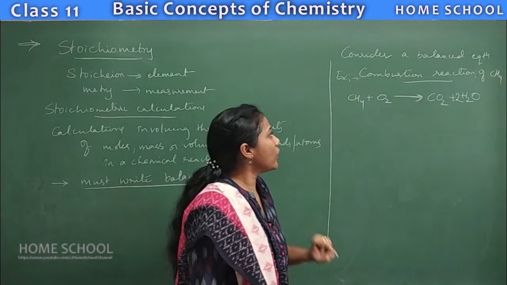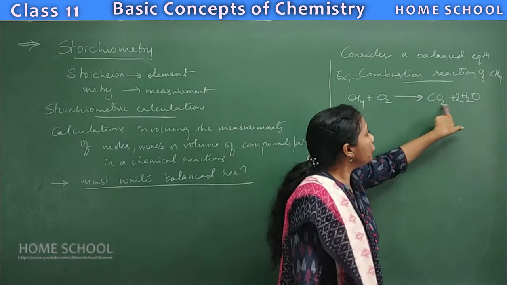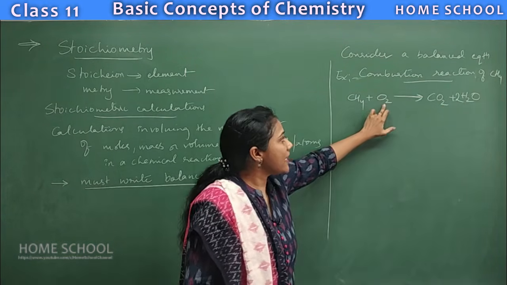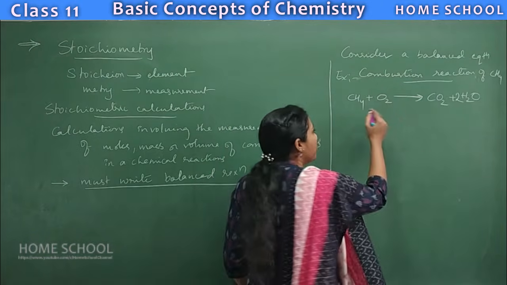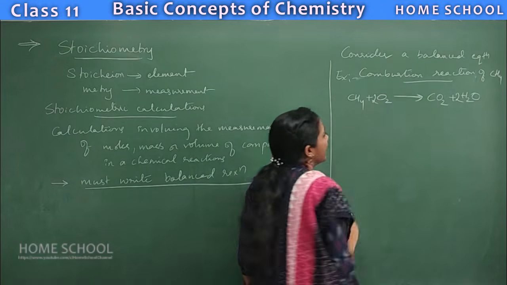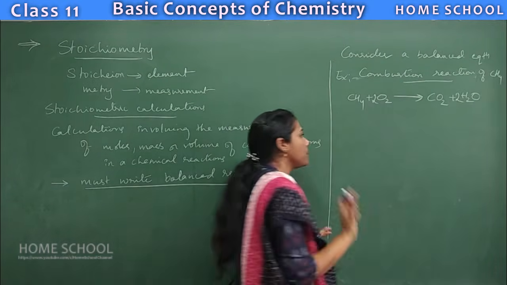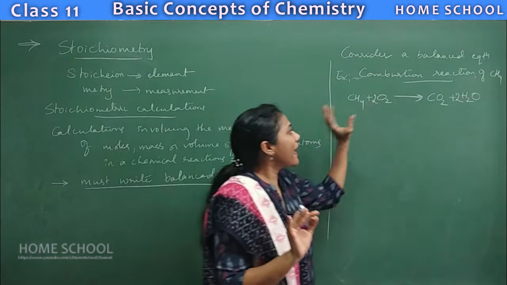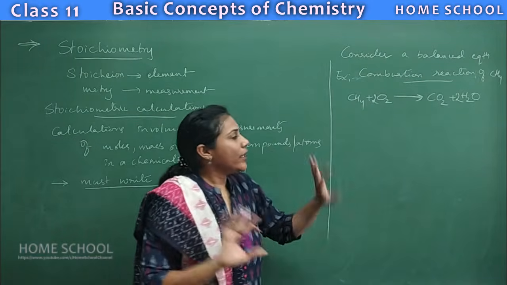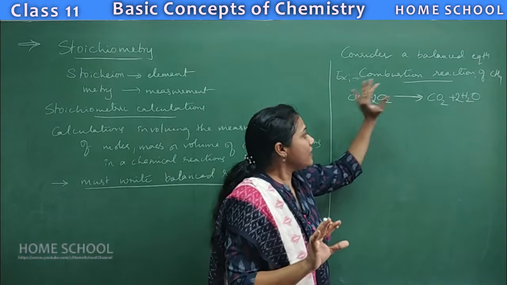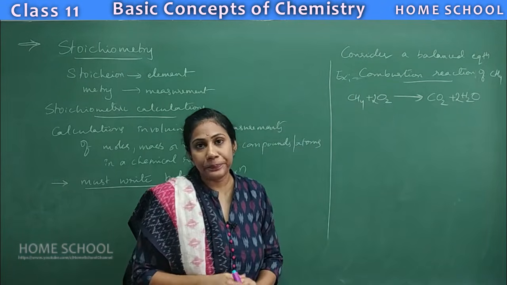Now check the oxygens. 2 plus 2, 4 oxygens on this side, and only 2 on the other side, but you have to make it 4. So I'll add 2 here. You all know these are called reactants and these are called products. Now I have balanced all the reactants with products, and this is a complete balanced chemical equation.